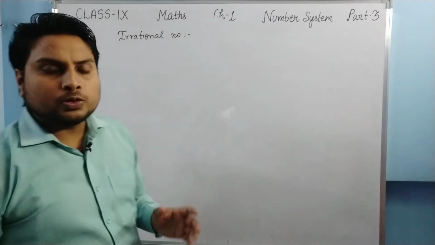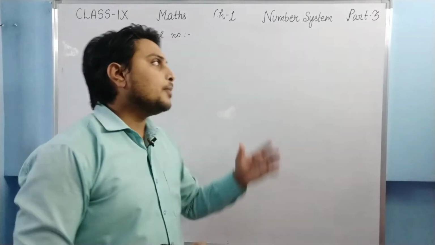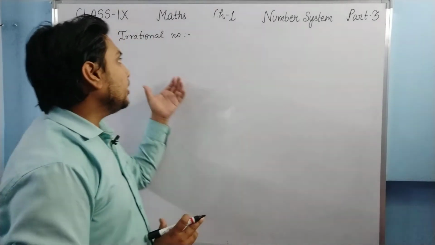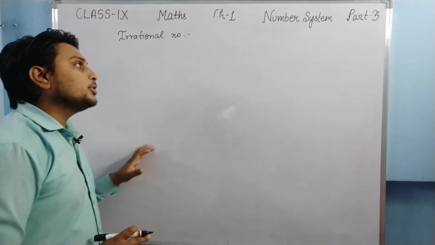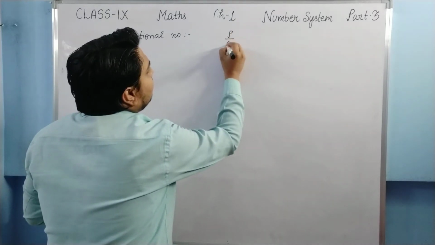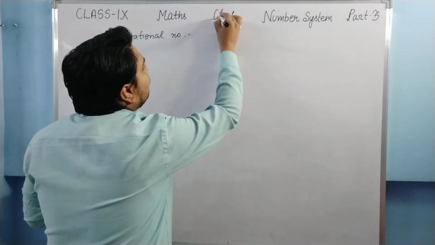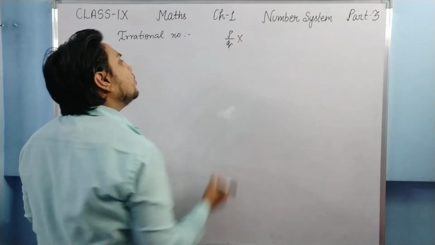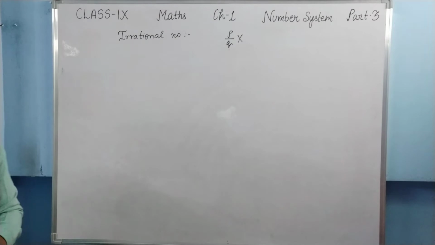This I have told you previously also, in part 1 I gave you the definition of an irrational number. What is an irrational number? The numbers which cannot be represented in the form of p by q, where q should not be equal to 0, okay?